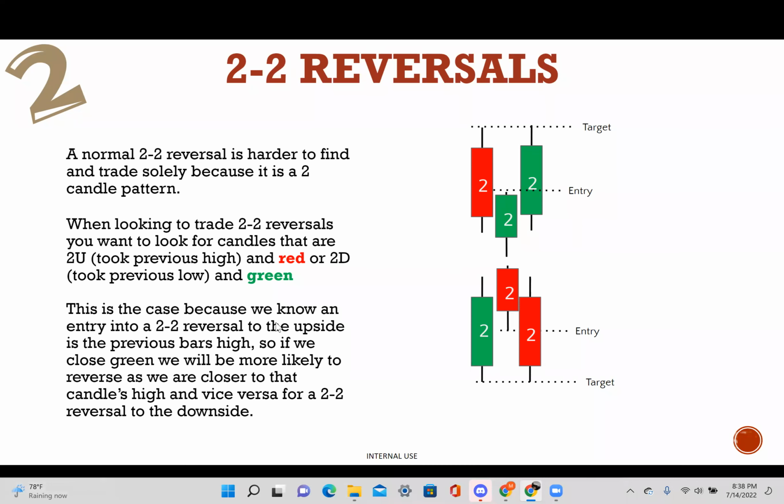This is the case because we know an entry into a 2-2 reversal to the upside is the previous bar's high, right? So if we close green, we will be more likely to reverse as we are closer to that candle's high, and vice versa for a 2-2 reversal to the downside.